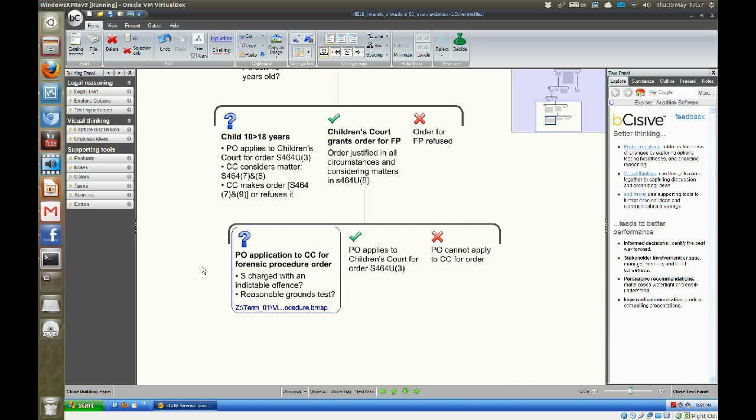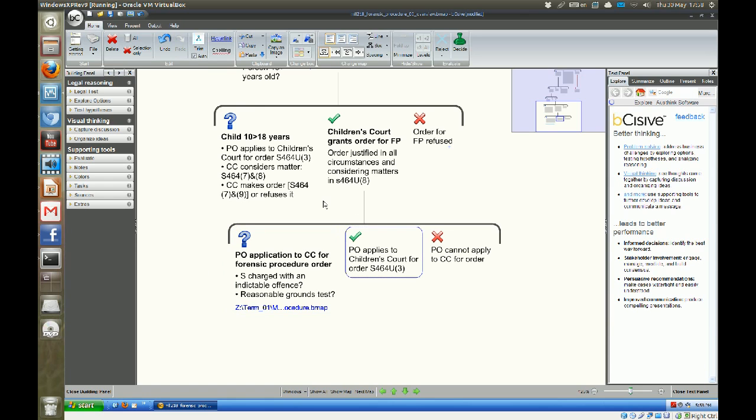Then the application made to the Children's Court is going to be on similar grounds to that of the preconditions, which is that the juvenile suspect is charged with an indictable offence, or that there are reasonable grounds for making this application.